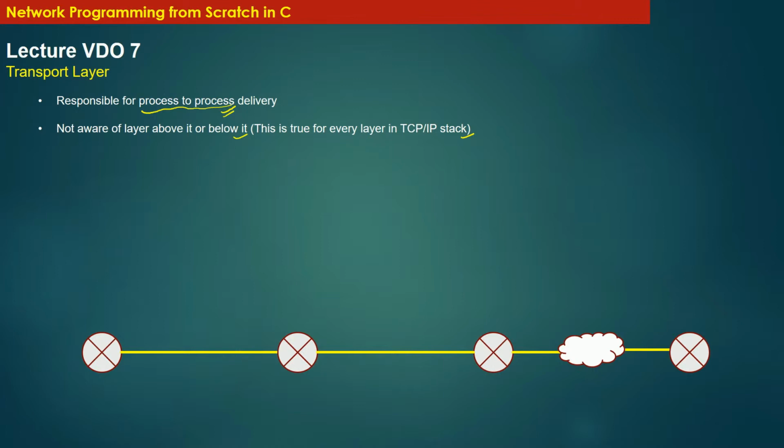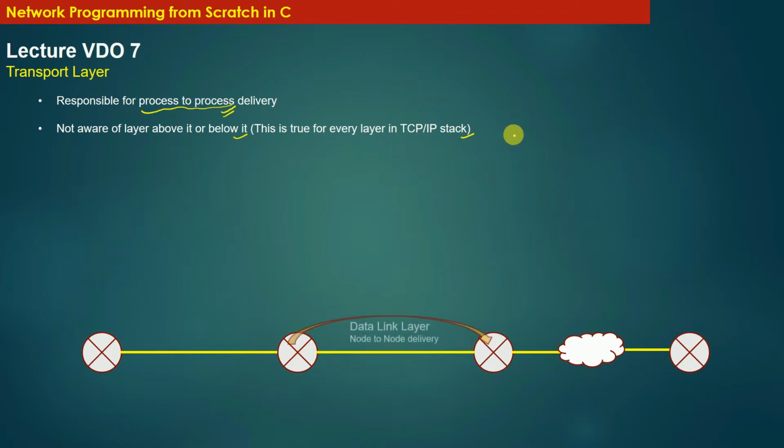It could be the IPv6 protocol. Similarly, the IP protocol does not assume that the protocol running above it in the stack is actually the TCP protocol. It could be the UDP protocol. So how does a layer come to know which protocol is running above or below it? This we will discuss in the next slide when we study the stacking of headers.